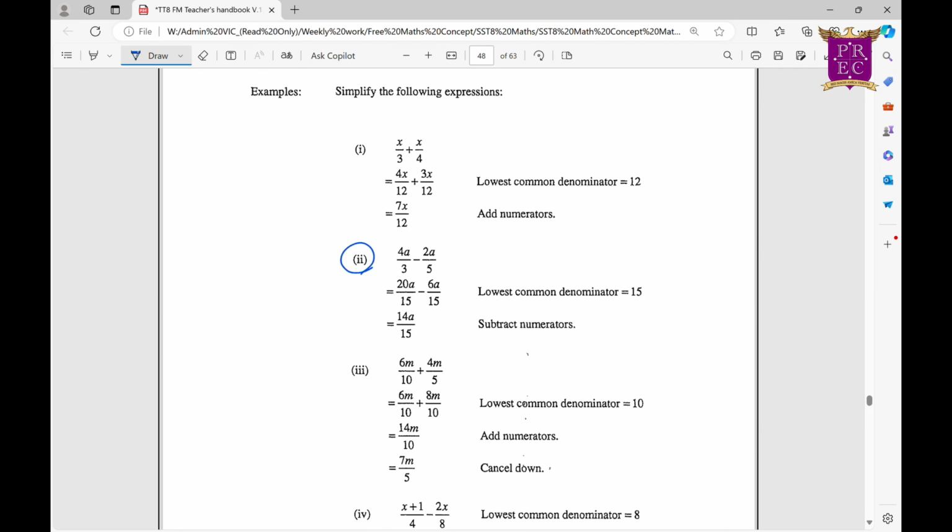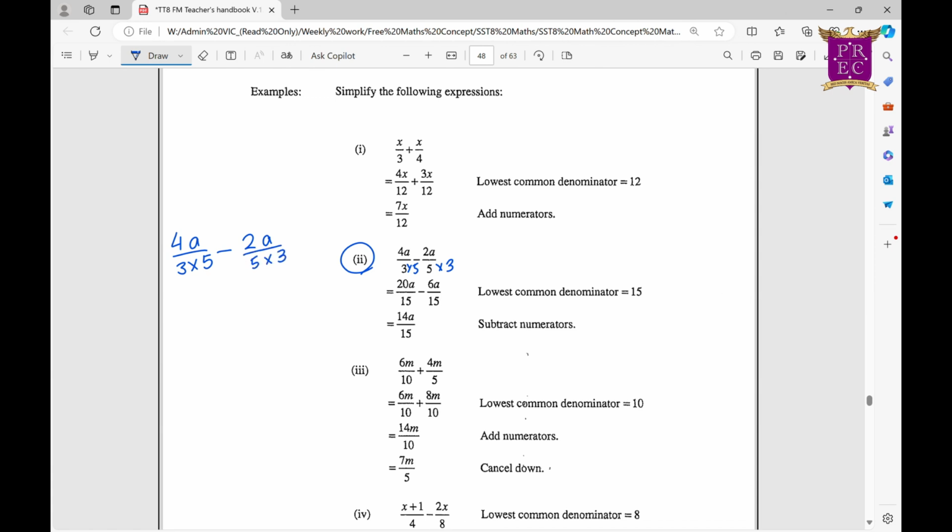So the lowest common denominator between 3 and 5 is 15. So we'll have to multiply this by 5 and this by 3. So I'll just write it on the side here. 3 times 5, minus 2a, 5 times 3.